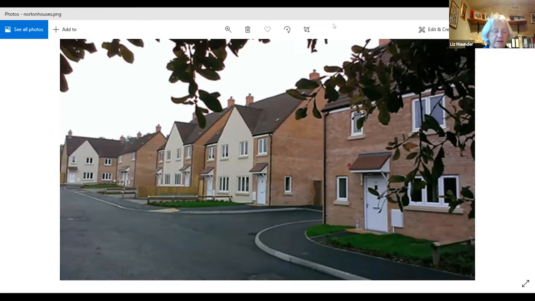And as well as thinking about that and your future allocation policy, you're going to consider how you're going to develop your schemes. Now, we in Norton decided at a very early stage, right at the beginning, that we wanted to partner with a housing association.